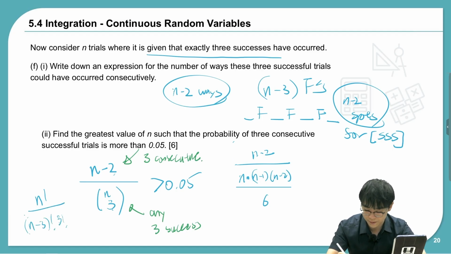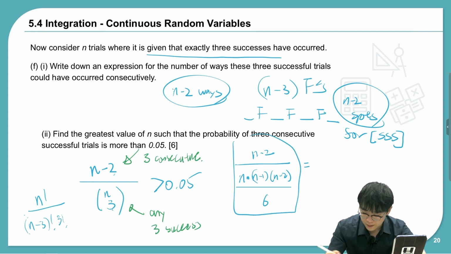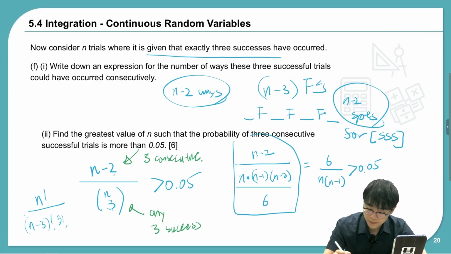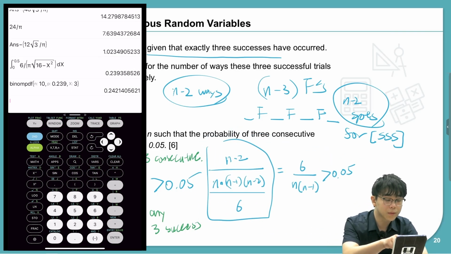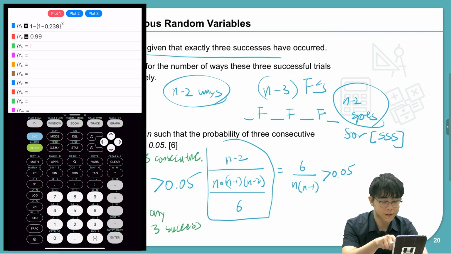So simplifying that, this is what we get. This would then be 6 over n times n minus 1. And we want this to be greater than 0.05, right? So if we solve for this condition, we should be able to find how many trials we would need.